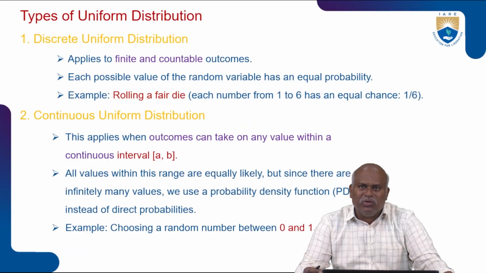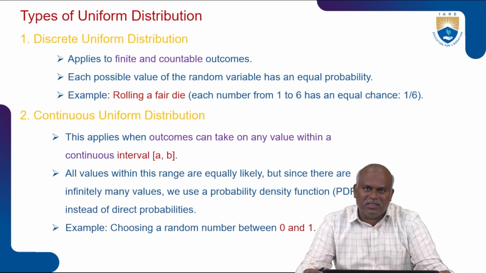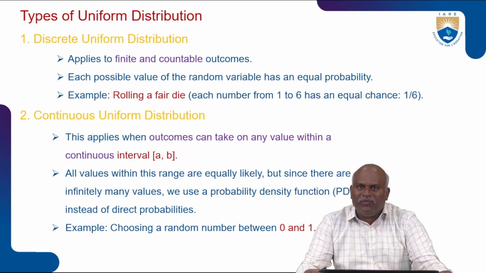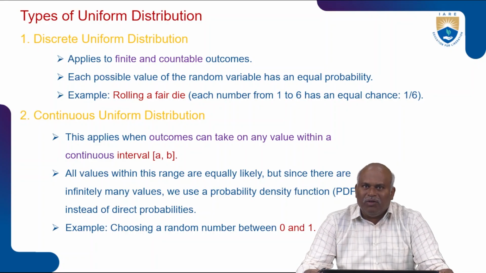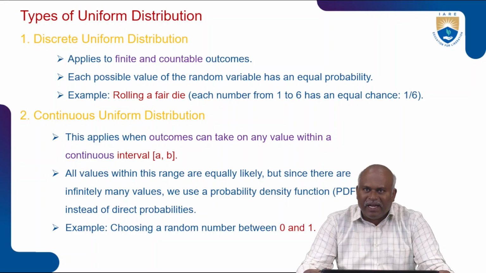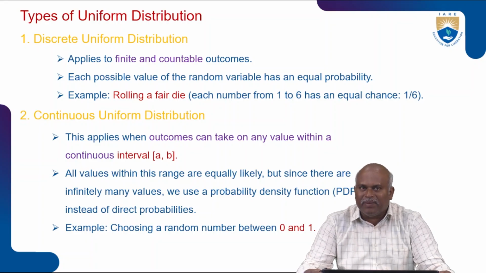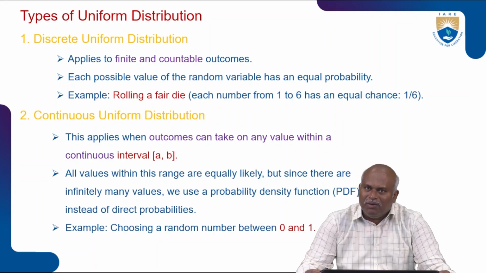The uniform distribution has two further types: one is the discrete uniform distribution, another is the continuous uniform distribution. The discrete uniform distribution is applied to finite and countable outcomes, because of discrete values. Each possible value of the random variable has equal probability. For example, rolling a die, where each outcome produces a probability equal to 1 by 6.